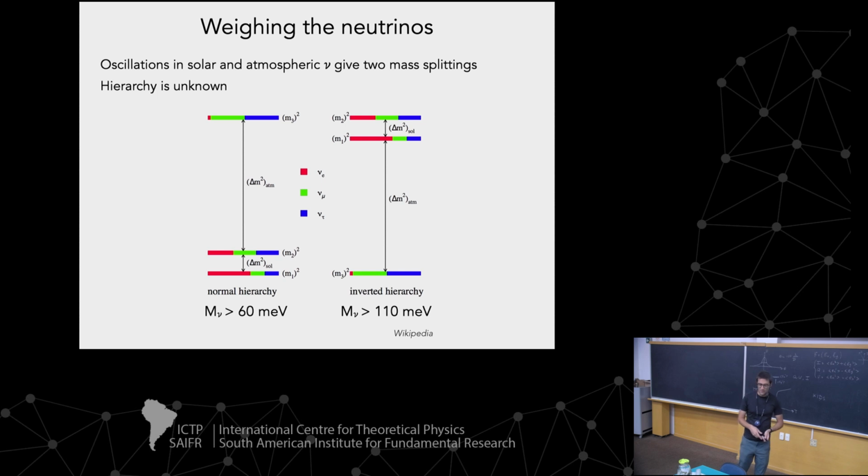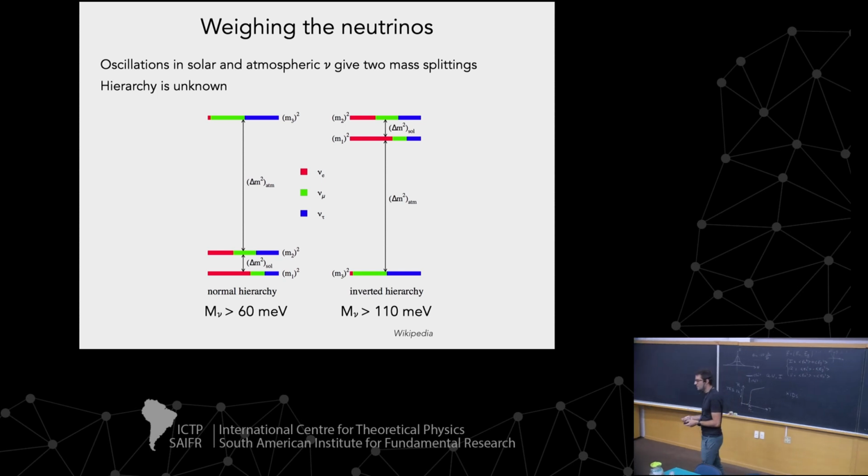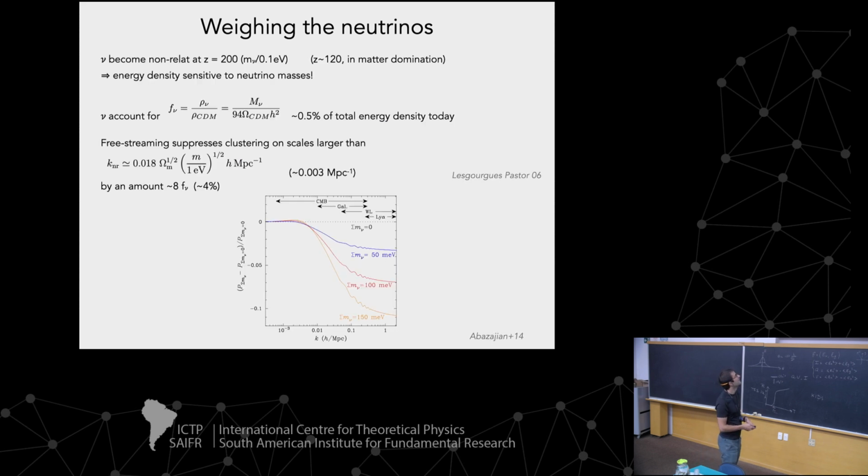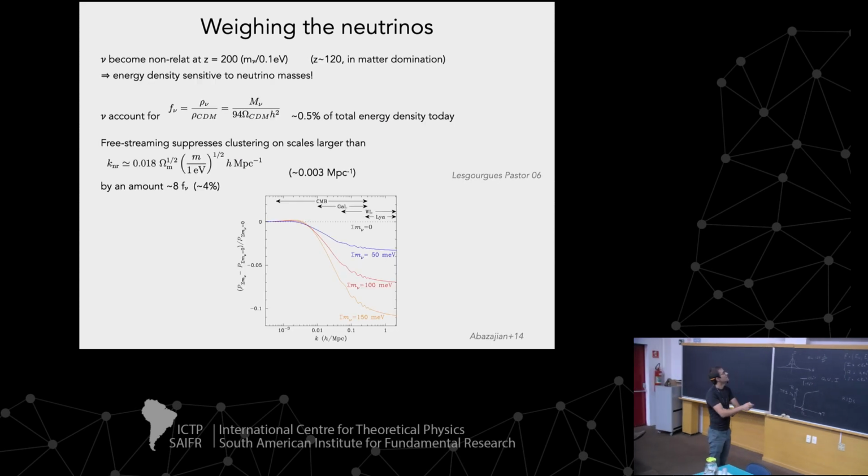And so if you want to see the masses have an effect on cosmology, you need to let the expansion reduce the temperature of the universe up to the point where the neutrinos become non-relativistic. So up to the point where the temperature of the universe is less than the mass of these neutrinos. And typically for neutrinos of order 0.1 electron volt, like the ones we're focusing on, this happens at redshift about 100.